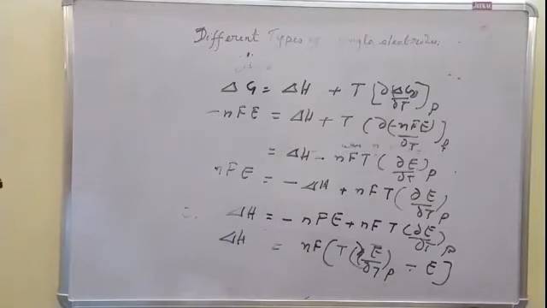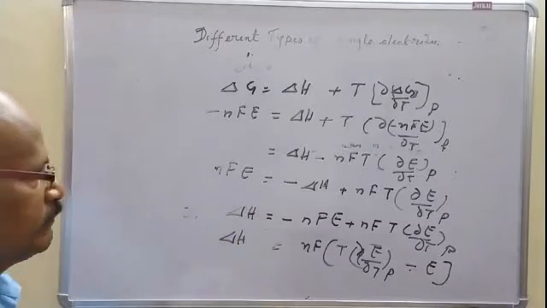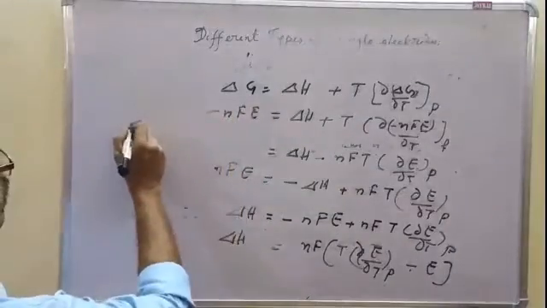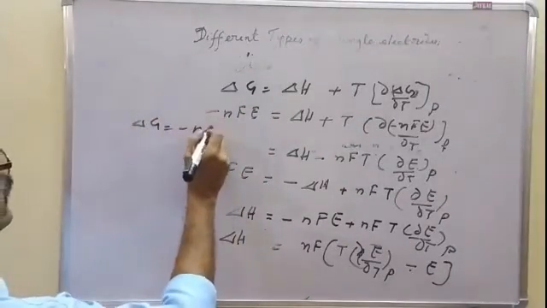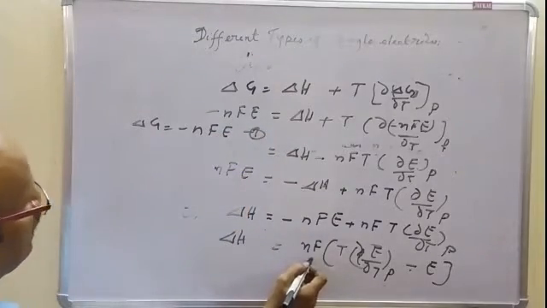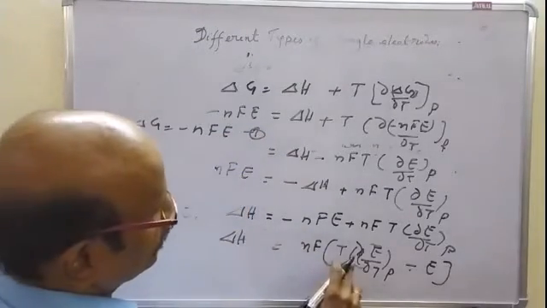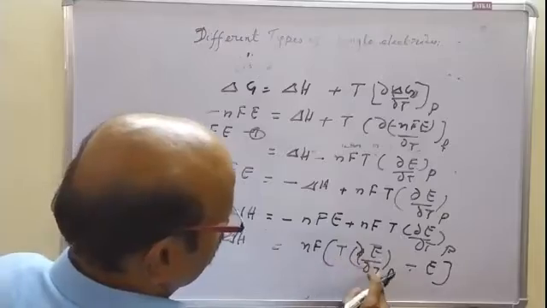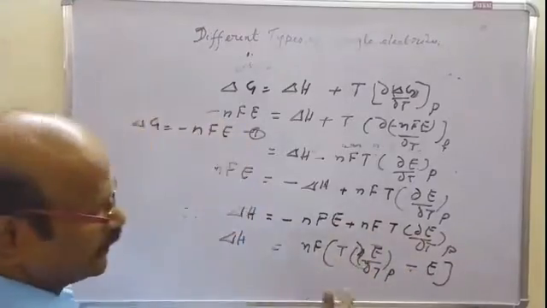So delta G is equal to minus nFE, equation number 1. Then delta H is equal to nF into T dE by dT minus E, the second equation.